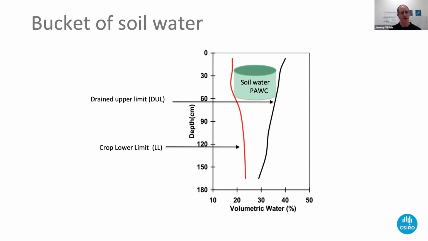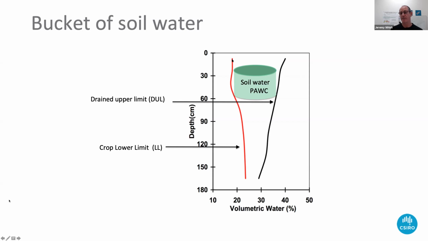Here's another question for you. Many of you have seen this sort of diagram, which is a way of visualizing soil water. What we have here is depth. If we're going down to about 6 feet into the soil, the most amount of water that a soil can hold is called the drained upper limit.